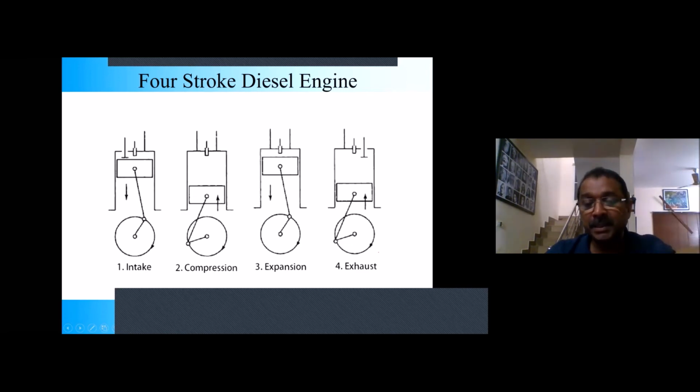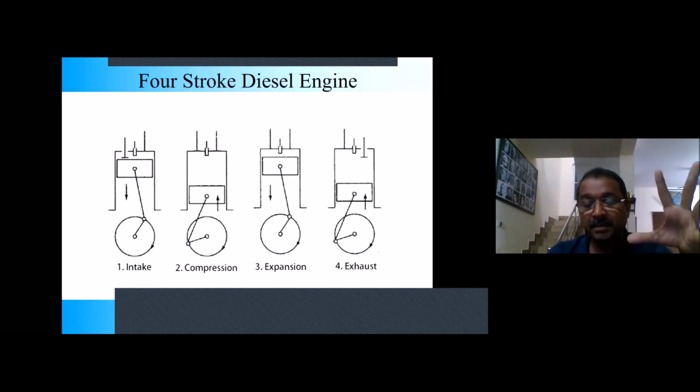So to this, you will inject diesel. This is the fuel injector. To this, you will inject diesel. If you inject diesel into an atmosphere which is more than 450 degrees centigrade, it will automatically burn. Auto ignition will take place.